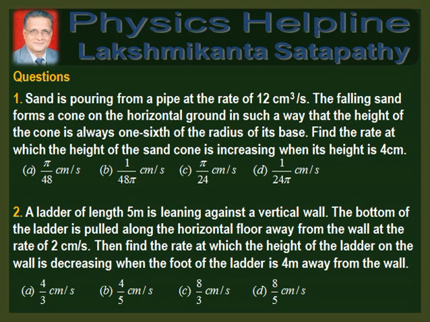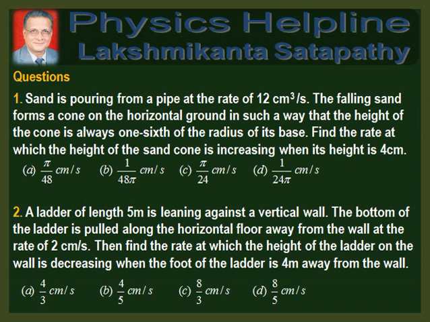Then find the rate at which the height of the ladder on the wall is decreasing when the foot of the ladder is 4 meters away from the wall. The options are 4 by 3 centimeters per second, 4 by 5 centimeters per second, 8 by 3 centimeters per second, and 8 by 5 centimeters per second.